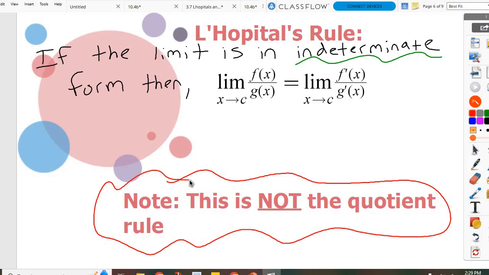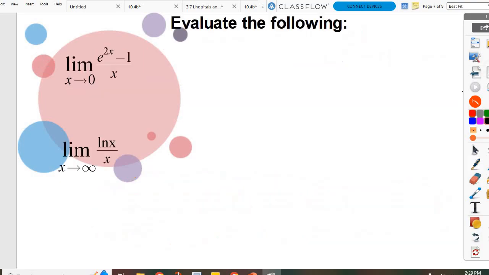So let's look at this first one. I have the limit as x goes to 0 of e to the 2x minus 1 divided by x. What do we always want to try first? Direct substitution. What is e to the 0? 1. 1 minus 1 is going to give us 0, so we get 0 over 0.